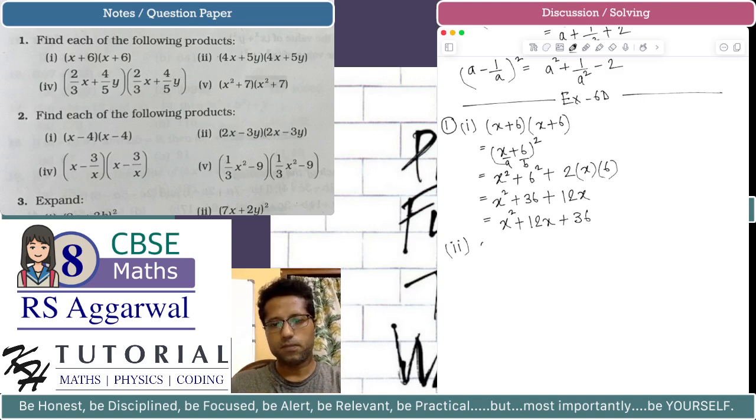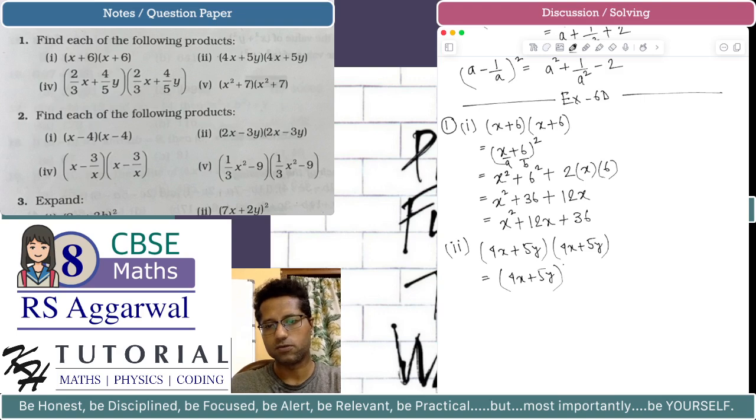Number 2, 4x plus 5y multiplied by 4x plus 5y. So this is nothing but 4x plus 5y multiplied twice, so this becomes 4x plus 5y whole square. And now we apply the formula of a plus b whole square: a square plus b square plus twice a multiplied by b.